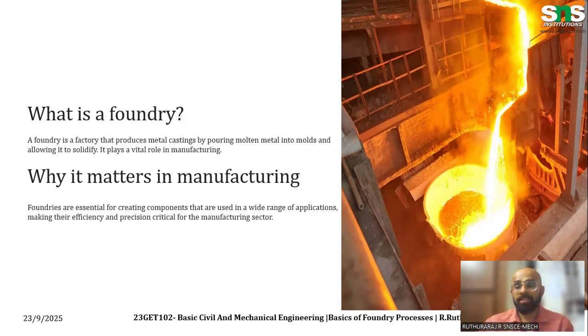Where that takes place in our home, we call it a kitchen where we cook. Similarly, in industry where we create metal into some shape, it is called a foundry. I hope this analogy makes you understand it fully. So foundry is nothing but a place where melting and subsequent shaping operation is carried out.